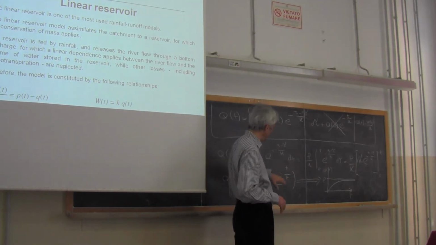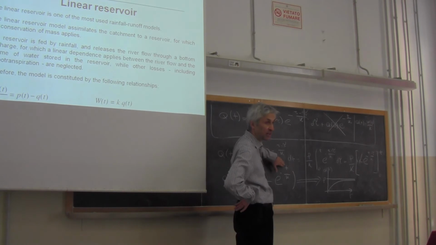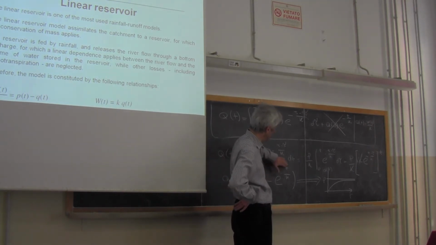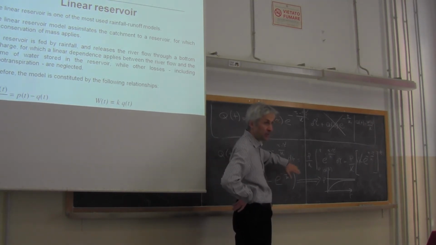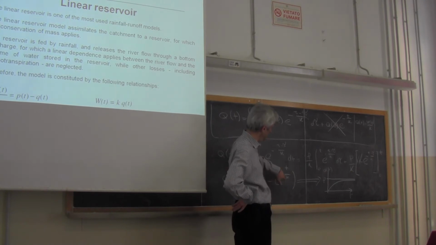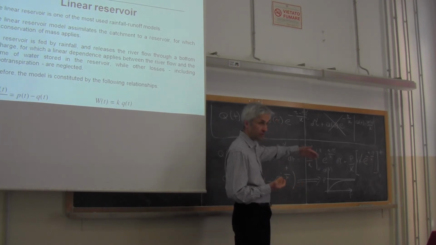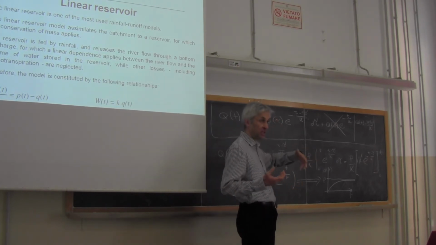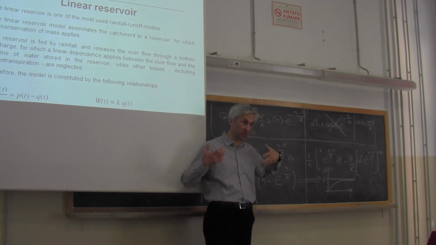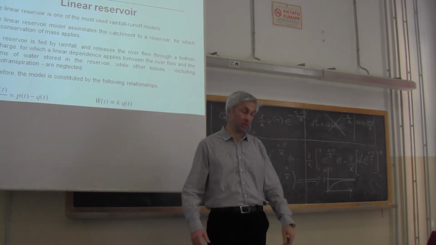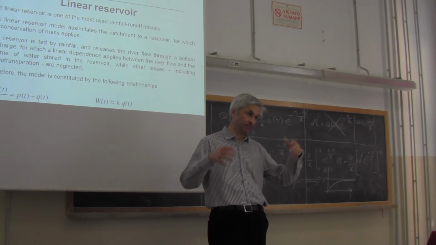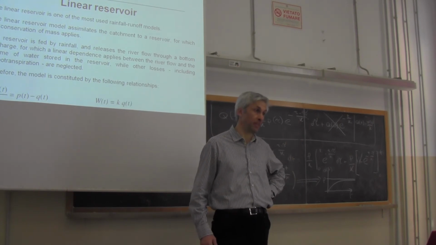Convergence is ensured by the fact that for increasing time, the second term goes to 0. But if k is small, the second term goes to 0 quickly with increasing time. If k is large, it goes to 0 more slowly.